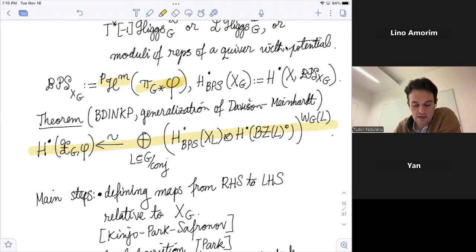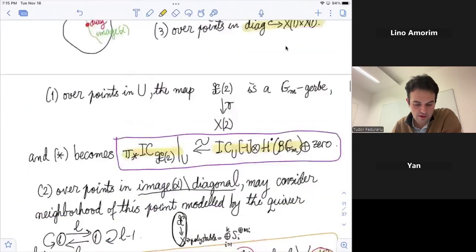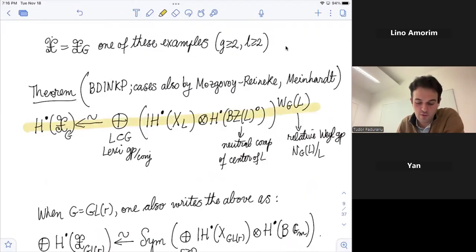As I mentioned, if you start with this version of the theorem where you take singular cohomology, then the space on the left-hand side is, for example, for quivers, some polynomial algebra. If you apply vanishing cycle, it will not be enough to detect the cohomology of vanishing cycle just from this space.